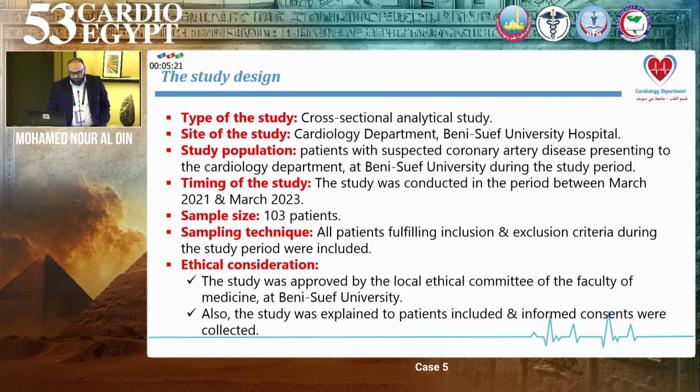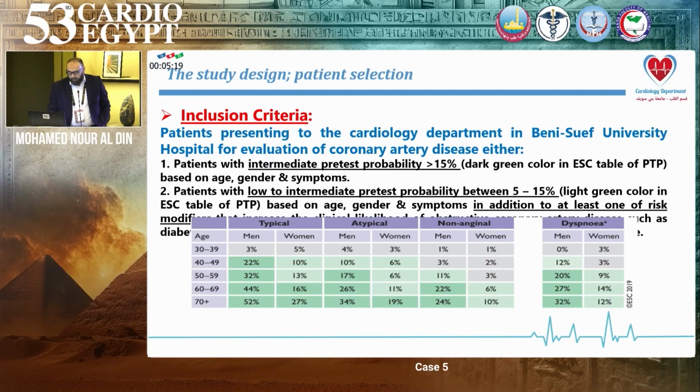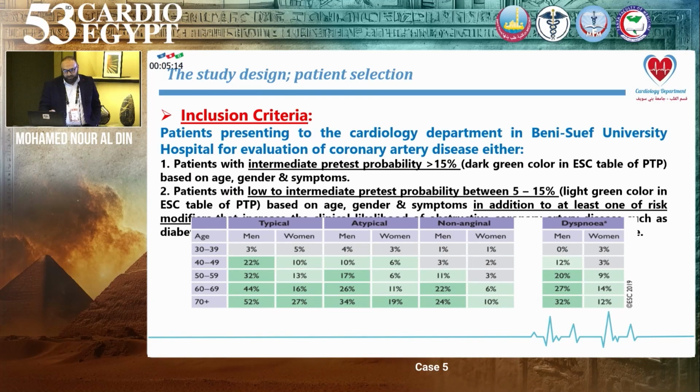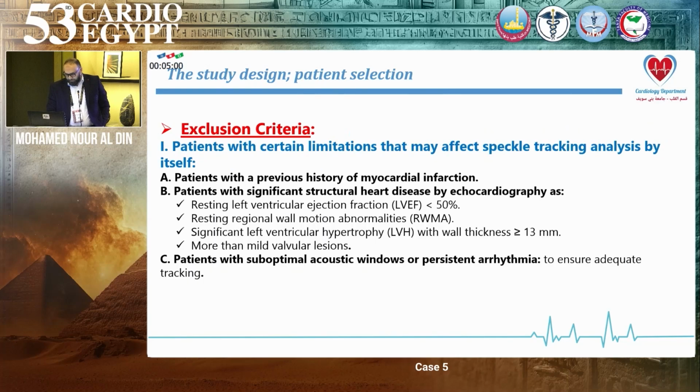Sample size was about 103 patients, and we included patients presenting with intermediate pretest probability of more than 15%, or low to intermediate pretest probability from 5 to 15%, in addition to at least one risk factor like diabetes, hypertension, dyslipidemia, and so on.